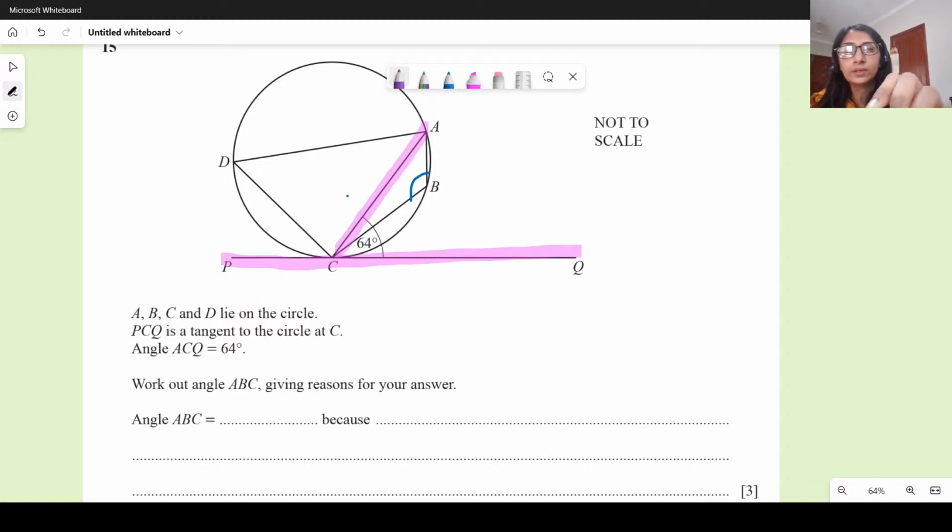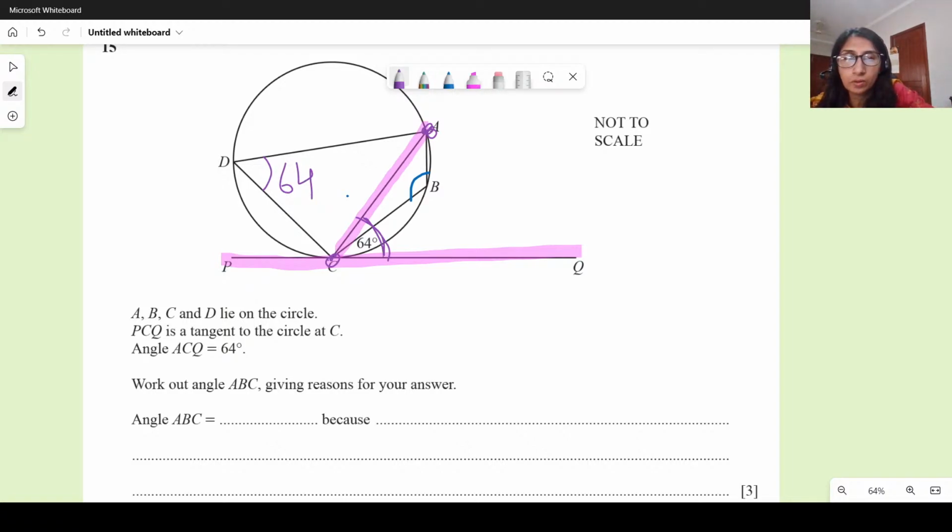The angle between the chord and the tangent is the same angle that you'll get in the opposite segment. So if you join these two ends with a triangle, you will get 64 here as well. This is also 64.